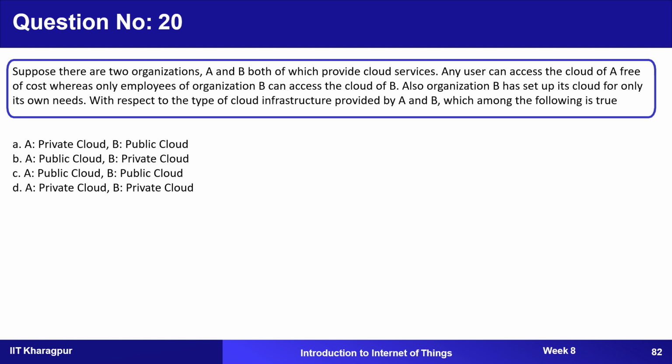With respect to the type of cloud infrastructure provided by A and B, which of the following is true? Option A is private cloud and B is public cloud. Option B is A is public cloud and B is private cloud. Option C is A is public cloud and B is public cloud. Option D, both A and B are private cloud. Anyone?